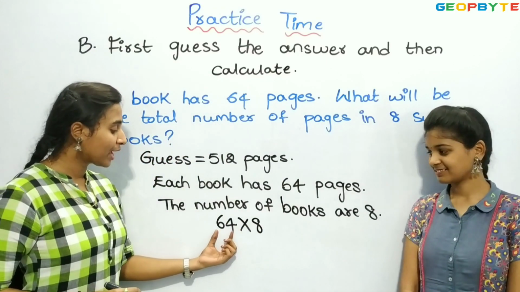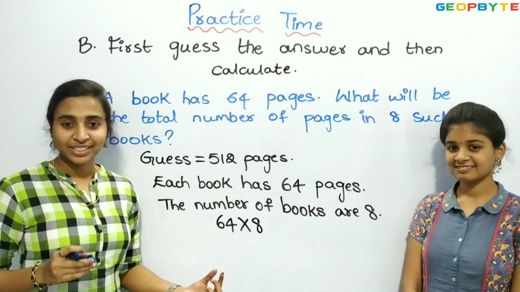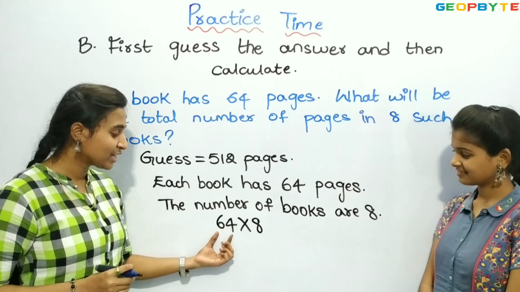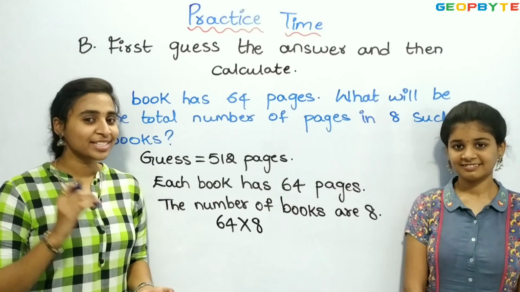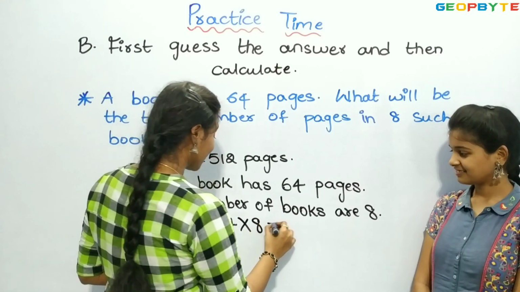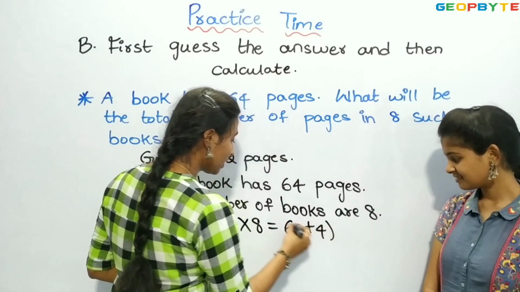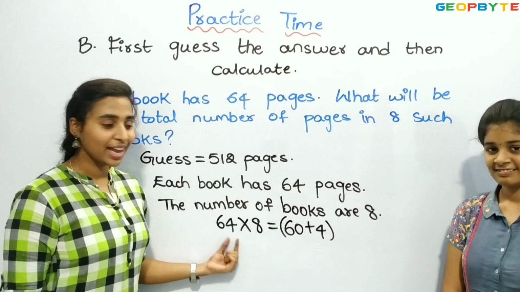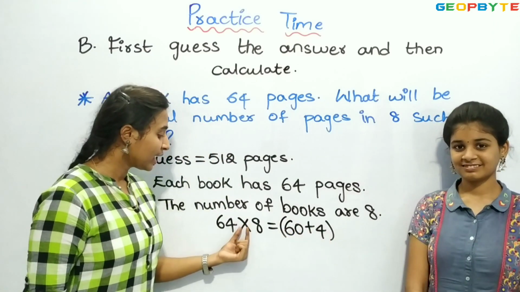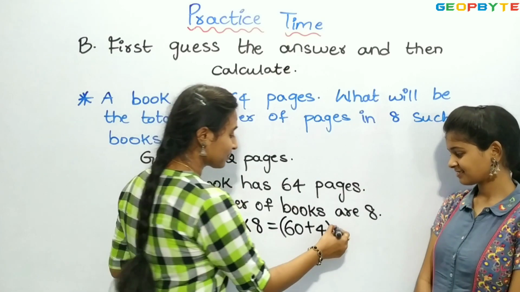Now for multiplying 64 and 8, first let us split 64 as 60 plus 4. So 60 plus 4. 64 is split as 60 plus 4 into 8.